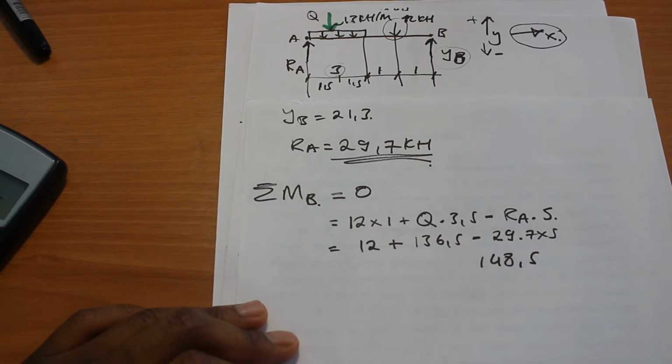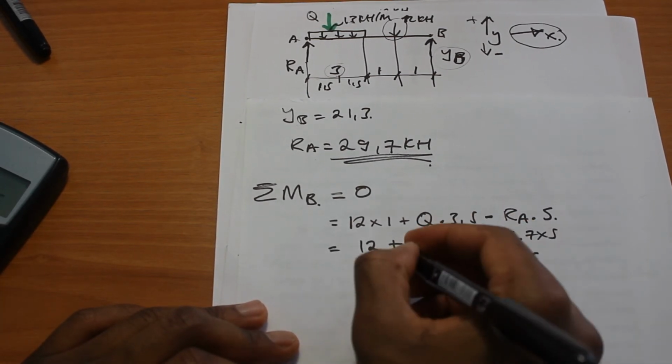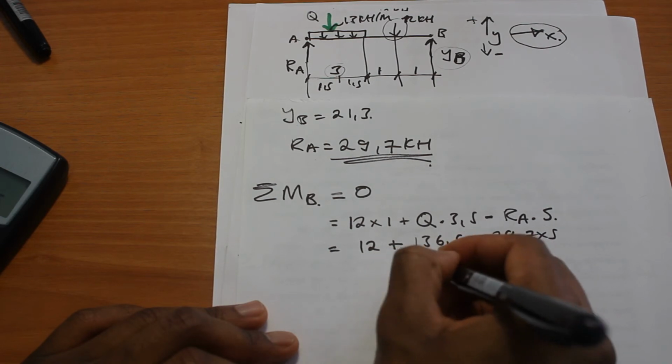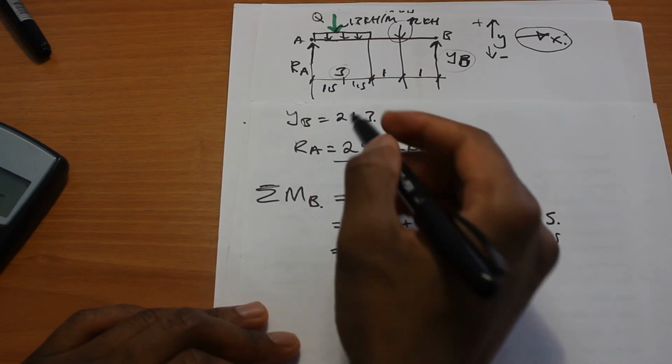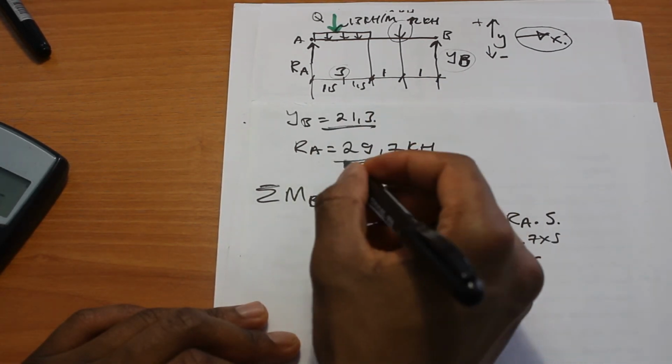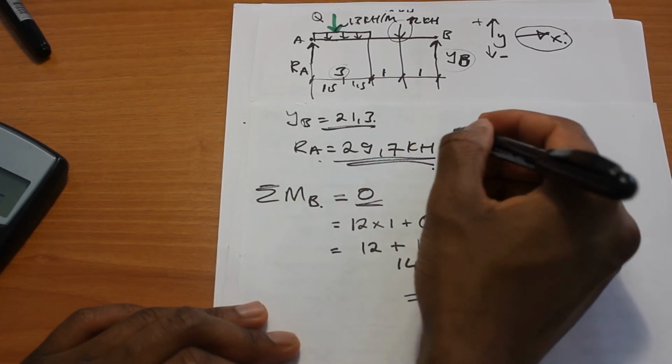So 12 plus 136.5 gives me 148.5. So if you subtract, this is equal to 0, which is true, meaning the values that we found for YB and RA are correct.